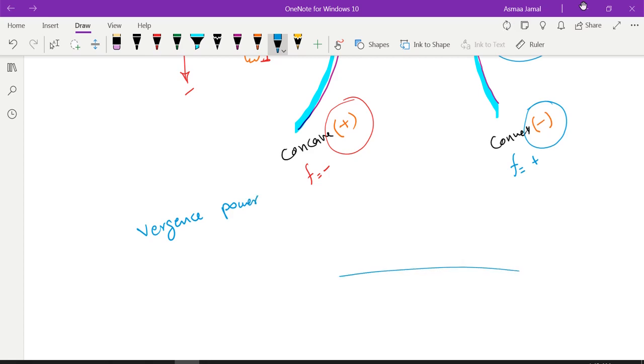Divergence power, when we depend on the triangle made by the light. So if we have the object here, the distance between the mirror and the object can give us the power of the divergence here. So the divergence of incidence equals 1 over the distance between the mirror and the object.